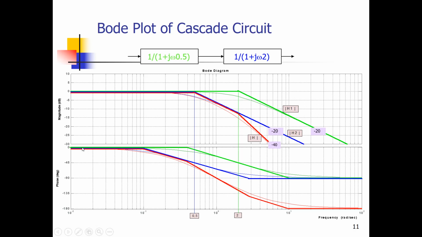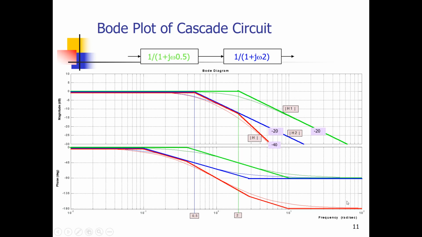Well, let's do it. Both curves start at 0 degrees. Adding them up, we get 0 degrees. Then the blue phase starts to drop, so the red one follows the blue line. Then the green plot comes into action. Well, here the blue one stays at minus 90 degrees, and at this point the green curve also ends at minus 90 degrees.